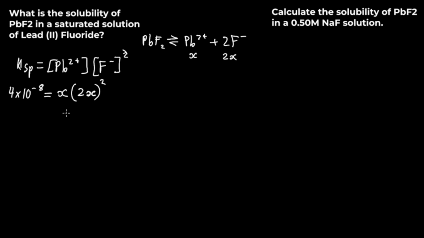So if we apply the exponent, that will get us a 4x squared times the x will give us 4x cubed equals the 4 times 10 to the negative 8. And then what we can do is just put the whole thing like this and divide it by 4 on each side.